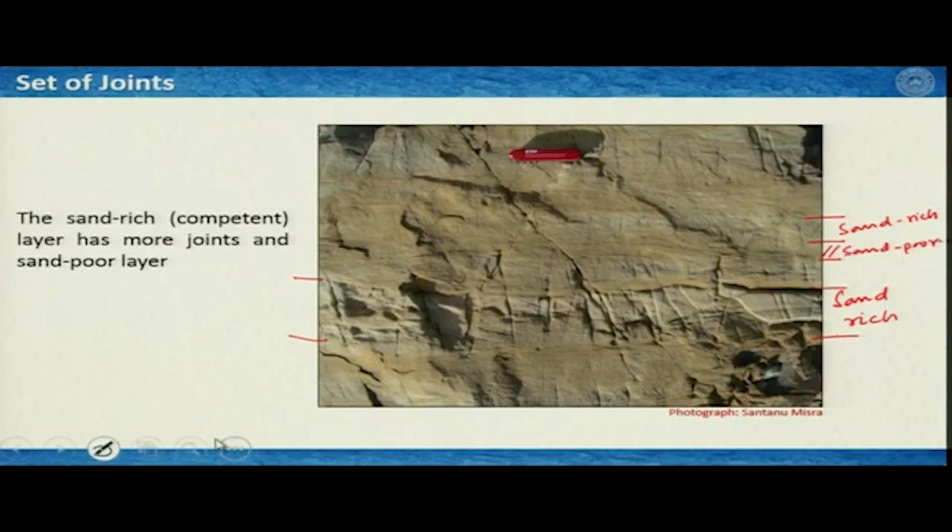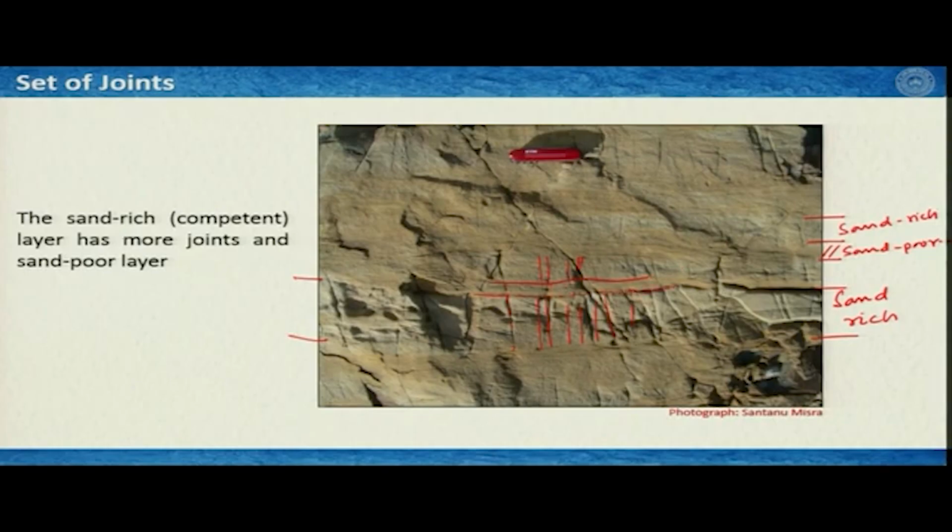We clearly see that within the sand rich layers we have more joints here, here, but this particular layer, if I consider, you see some of the joints passed through this, but this one no, this one passed through this, but these two joints did not pass through this.